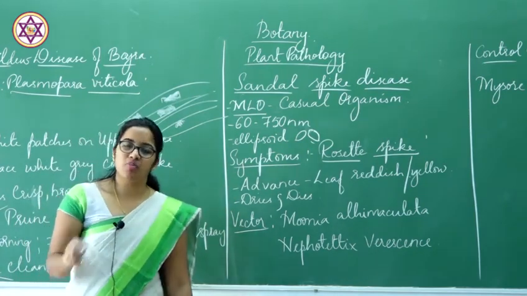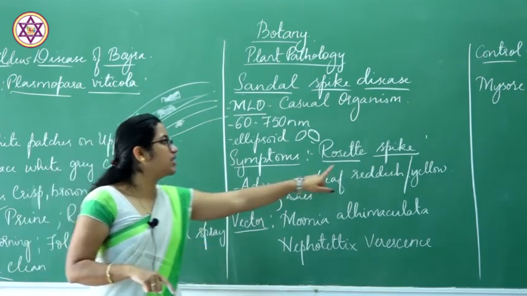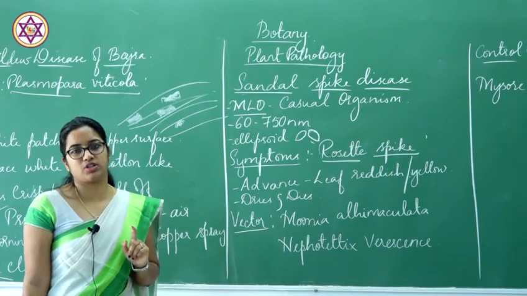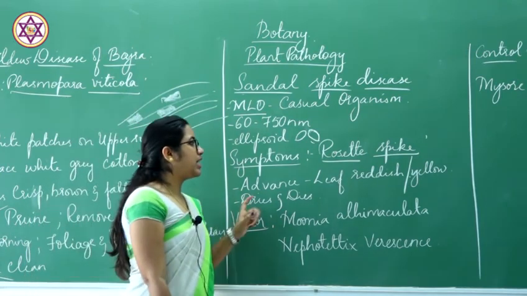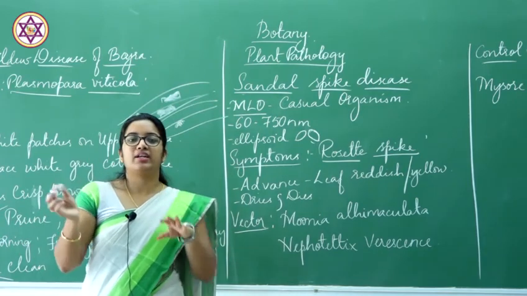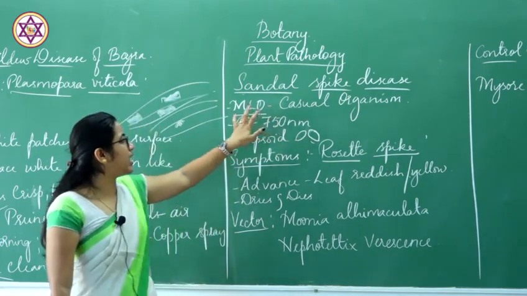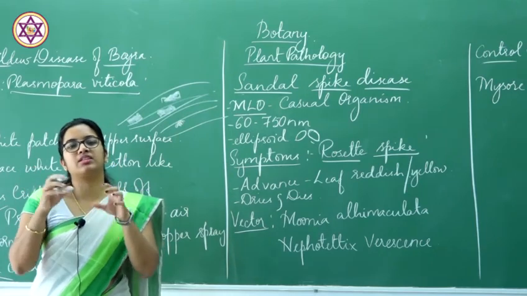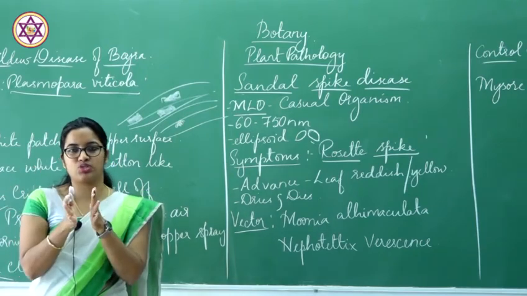When you talk about spike, it is nothing but the leaf which has been converted into a spike-like structure. We know that the lamina, the surface area of the leaf, is broad, but when affected by MLOs, the breadth of the leaf is reduced.